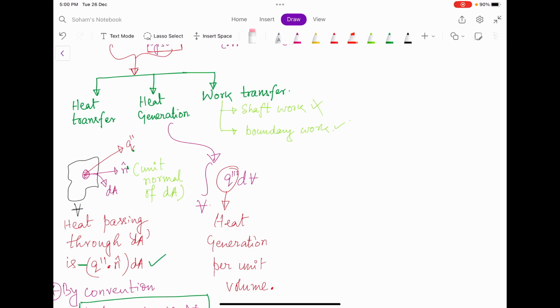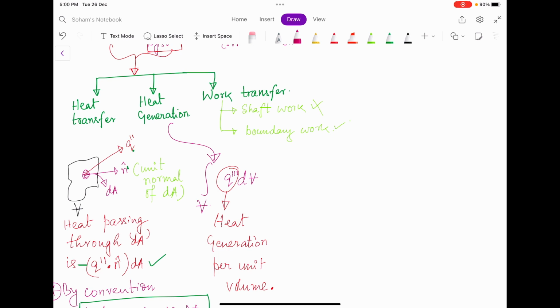In any continuum the work transfer can be by forces. In pdv there is a force that is called a pressure force. And what type of forces do we have in case of fluids, or maybe in case of solids?